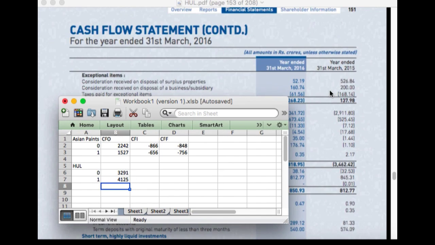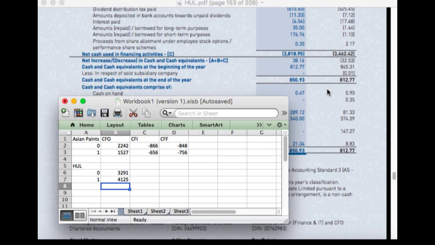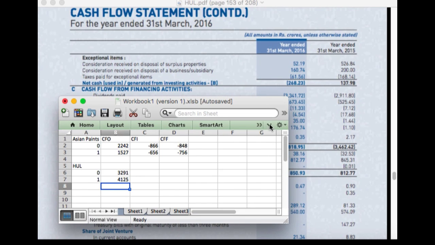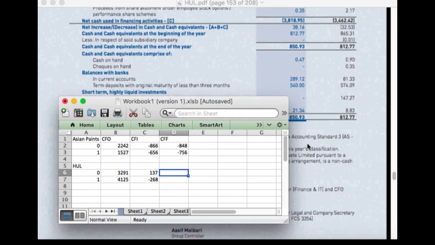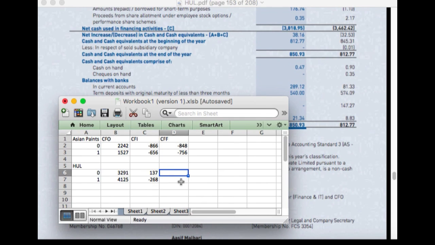Then CFI, 137 positive last year, 268 negative this year. Then CFF, 3462 negative last year and 3818 negative this year.